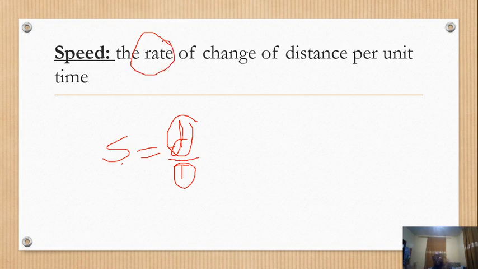The rate of change of distance per unit time means you are given a certain distance, and a body, which can be a person, a rabbit, an airplane, a bus, a car, or anything that moves, travels it.